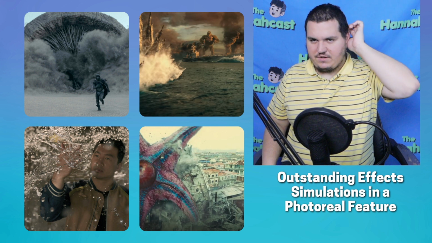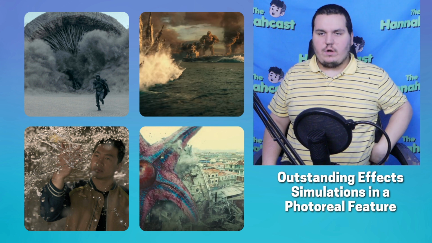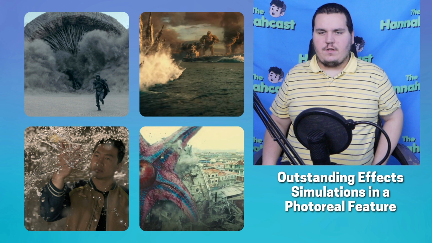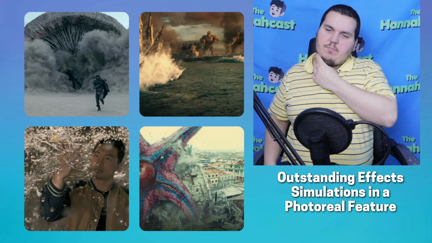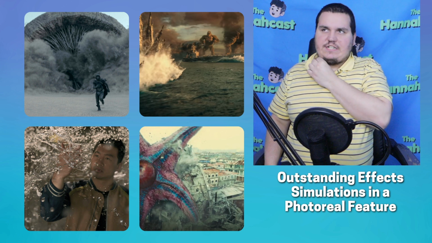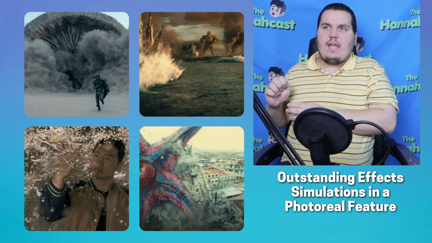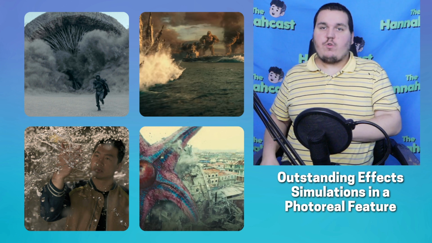Now this is tough, because again, this is just a stacked category. In last place, I'd probably put Godzilla vs. Kong. It really is tough between Dune, Shang-Chi, and The Suicide Squad, because The Suicide Squad thrives on photorealism. I think it has some of the most photorealistic CGI of 2021.